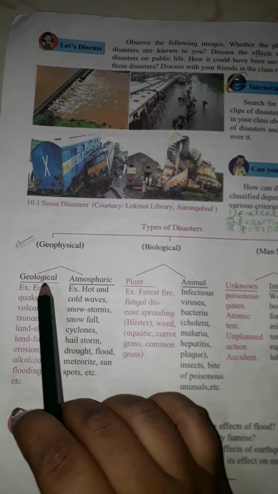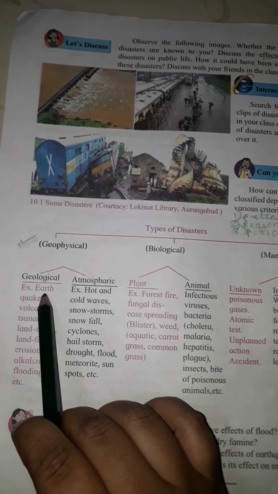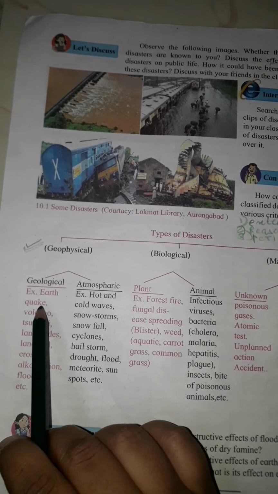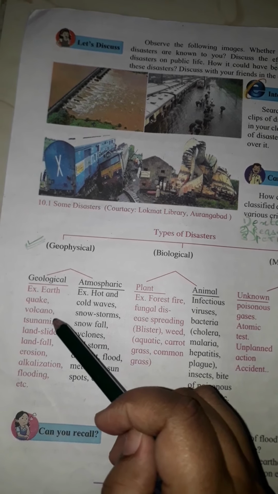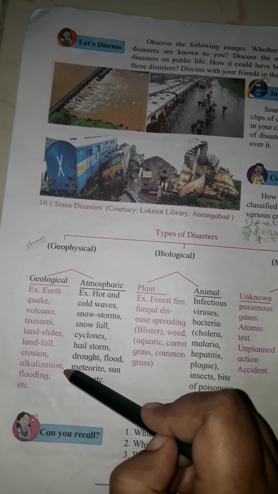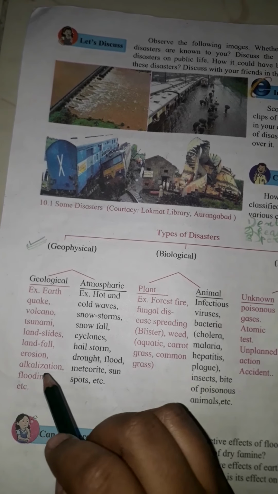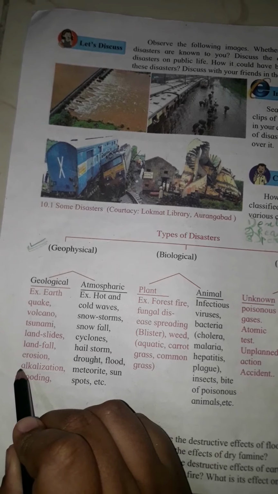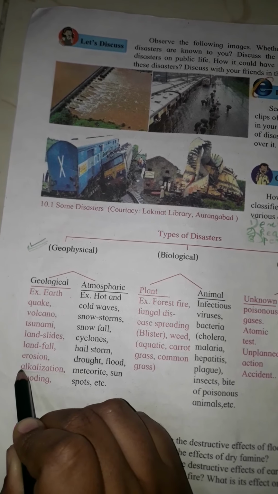Geological disasters are those disasters which take place due to the movements inside the earth. For example, earthquake, volcano, tsunami, landslides, landfall, erosion, alkalization, flooding, etc. And over here you need to understand the term alkalization.